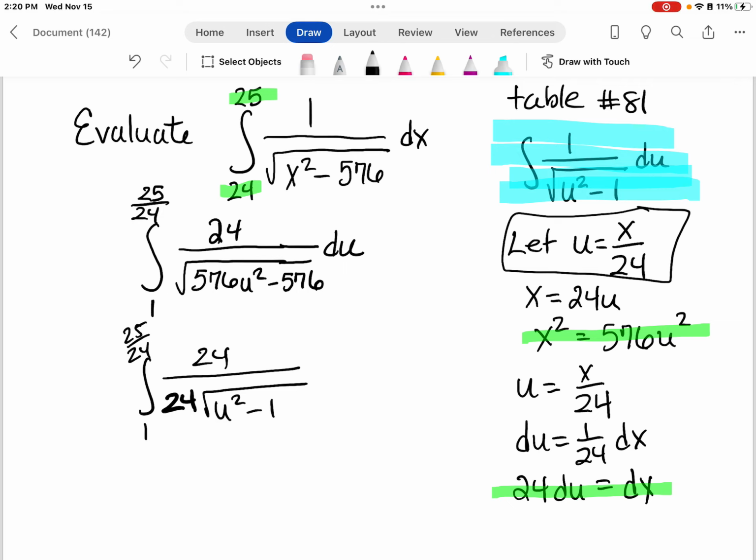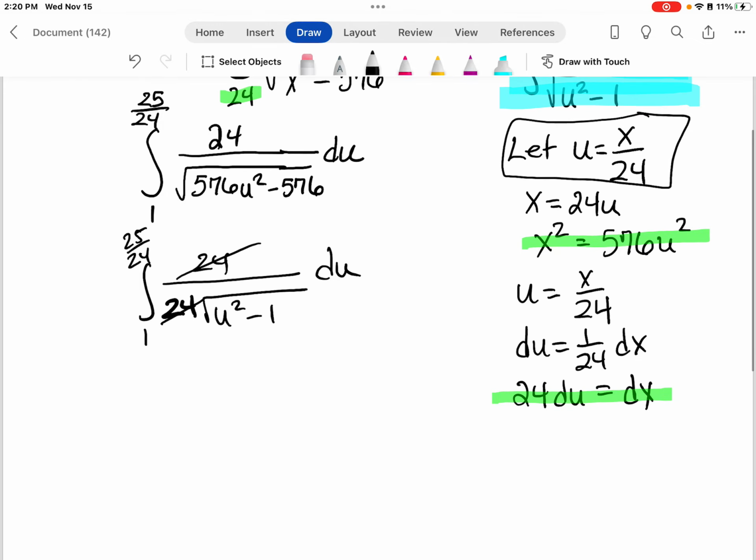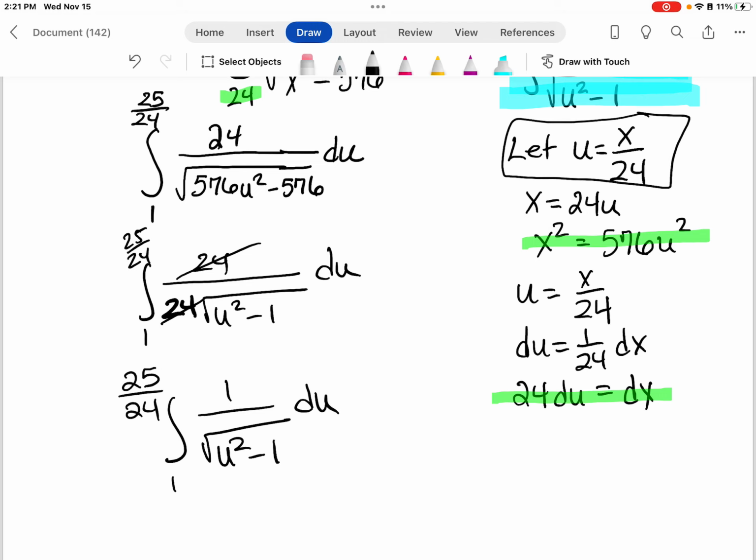When I factor out under the square root 576, I have 576 times u squared minus 1. And then I can take the square root of 576 and it comes out as 24. Now these divide out and I'm left with 25 over 24 as my upper limit. 1 is my lower limit. 1 over the square root of u squared minus 1 du.